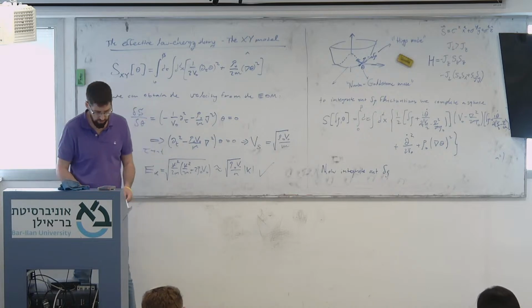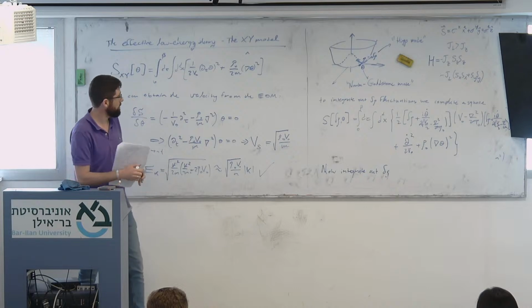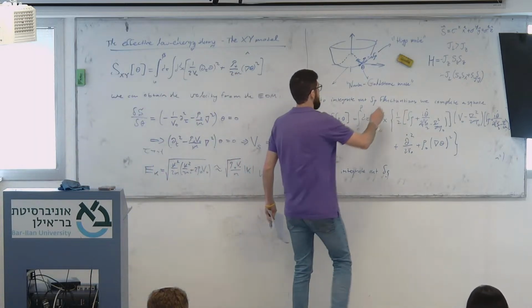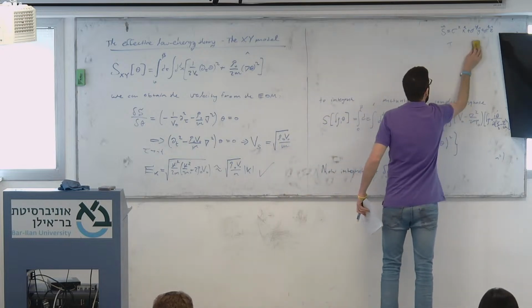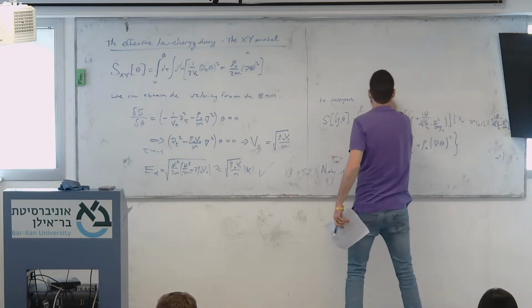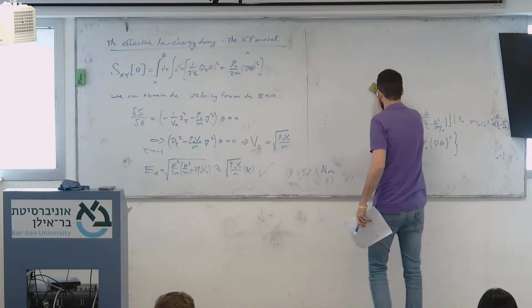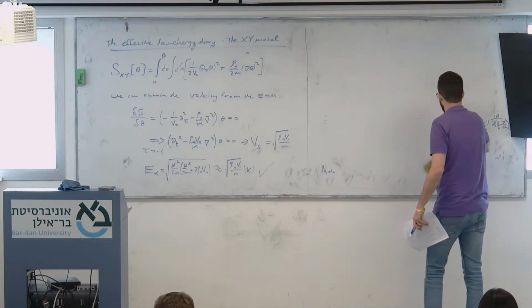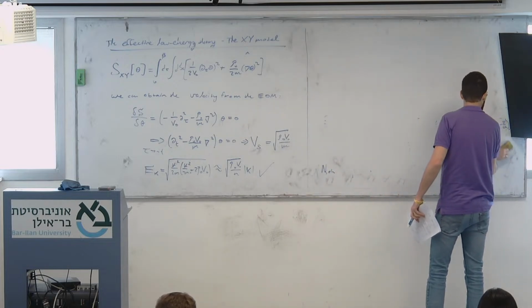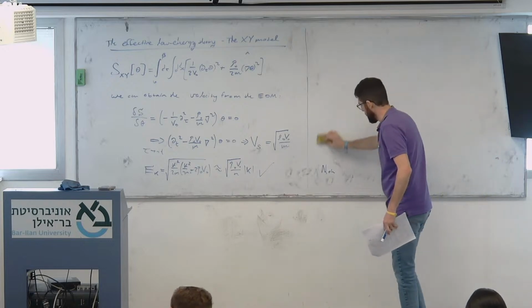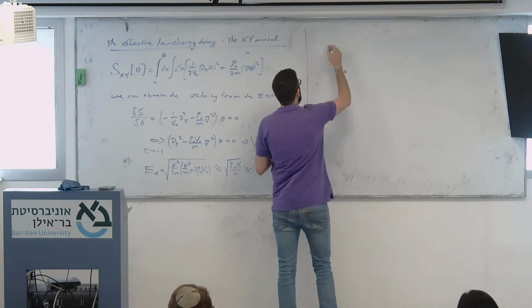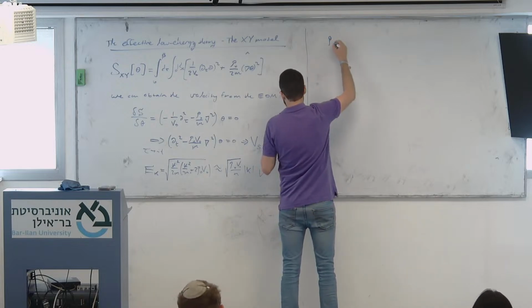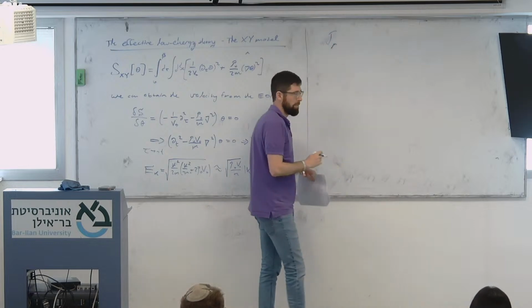It's also useful for future applications to identify what is density and current. This is actually pretty important. So let me do a shortcut. Remember we have this Noether current J mu.